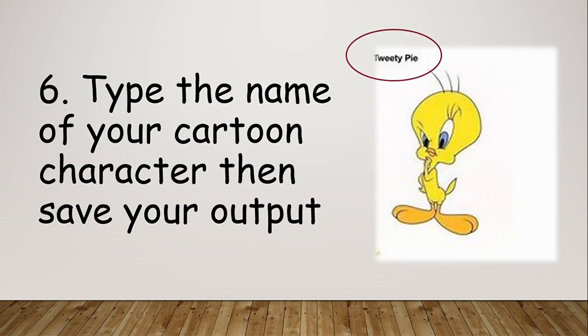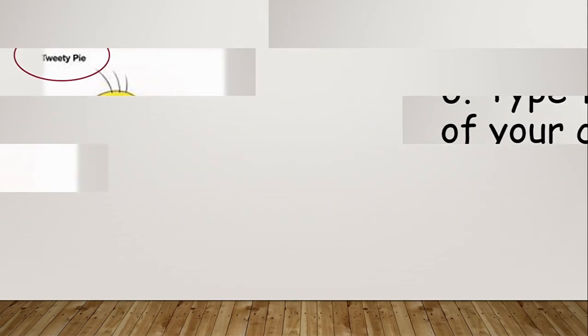So for an example, I have here an example. One is already sketched in a bond paper, and next it added the details. Here is a caricatured nose, a lot of caricature so that it will create fun in our cartoon character.